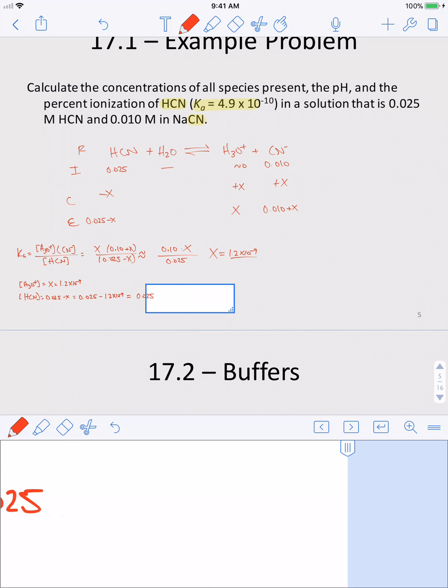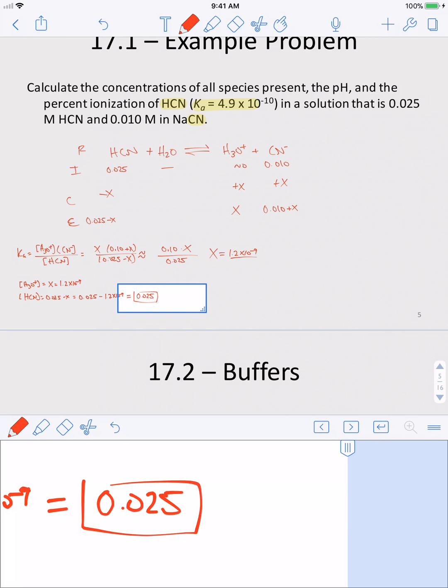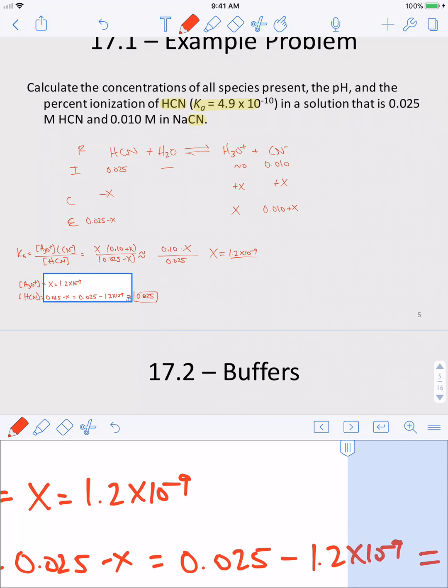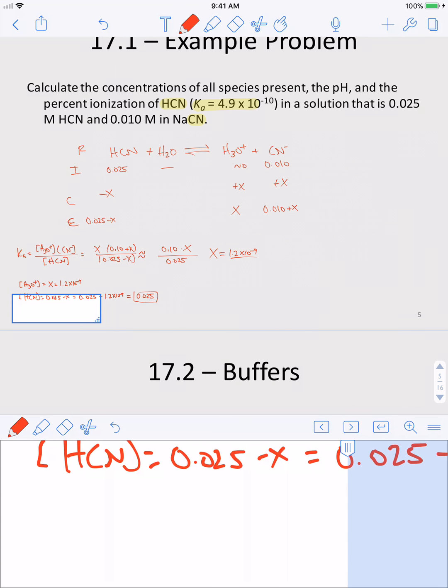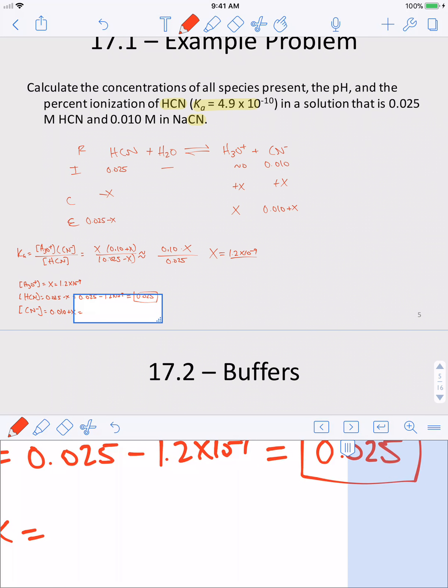It didn't change it, right? Because that's the assumption, that it doesn't significantly change the value if we subtract or add X. So it's kind of the same again. All right, and then for CN-, the other one we care about, cyanide, it's 0.010 plus X, which again is effectively just 0.010.